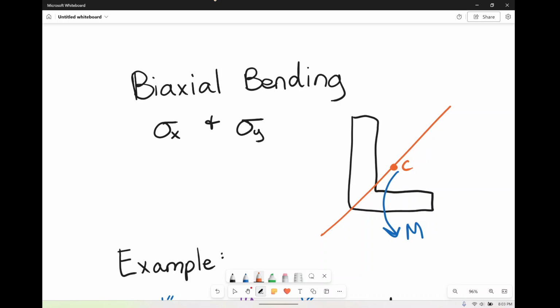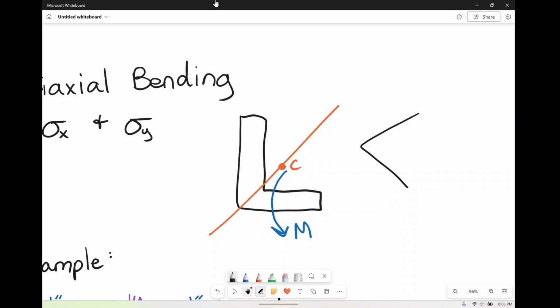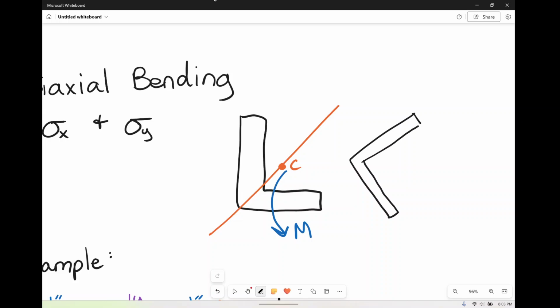So if you were to twist this, it would look something more like an actual L at 90 degrees, then your moment that's just going about the x-axis is now going in two different directions. It's now going more effectively like that. So you're going to have both x and y components for your new set of axes.